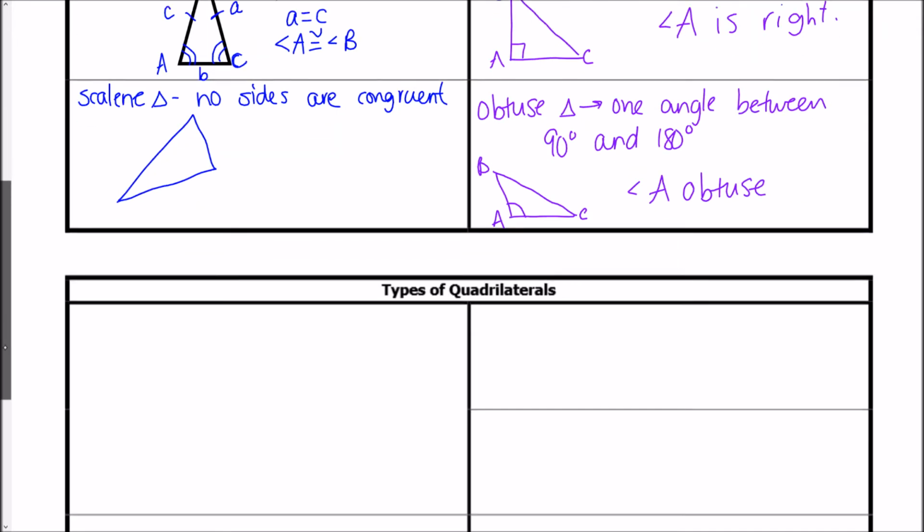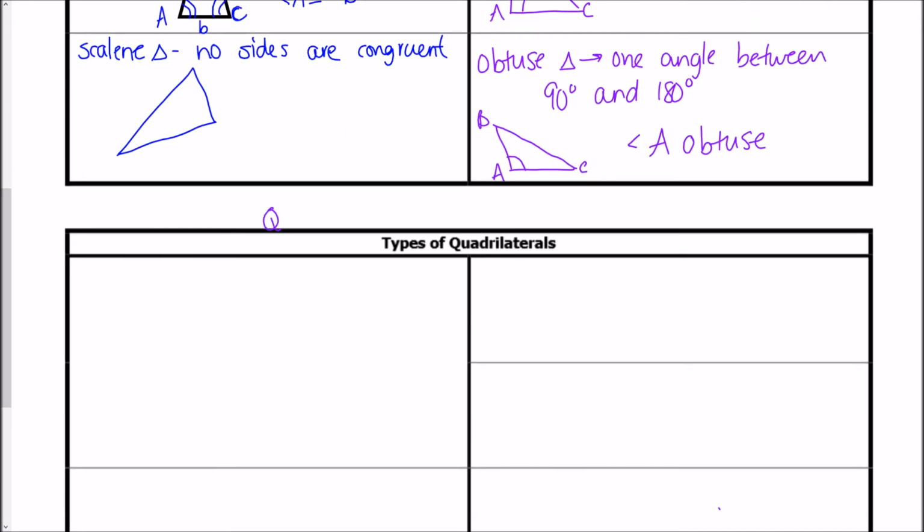Okay, all right, types of quadrilaterals. A quadrilateral is a shape with four sides. So one type of quadrilateral is a parallelogram. And in a parallelogram, we have two pairs of parallel sides.